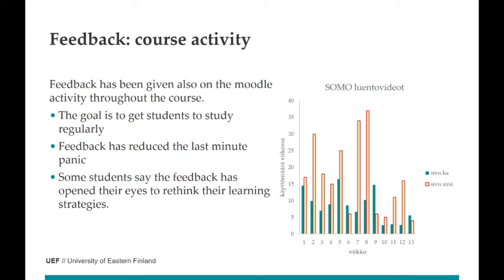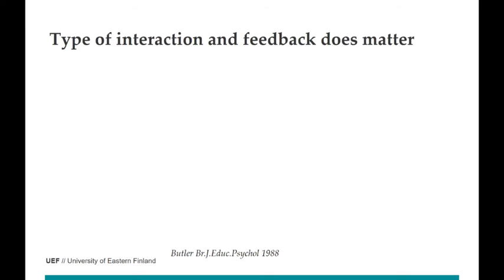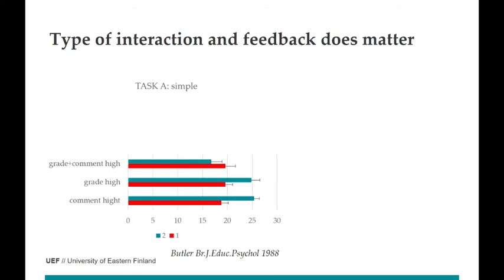But the problem in giving this feedback is that the type of interaction and feedback can matter on students' attitude. It's been shown already in 1980s that when we have talented students, from the first exam in red to the second exam blue, we are giving different kind of feedback, like comments or grades and comments.